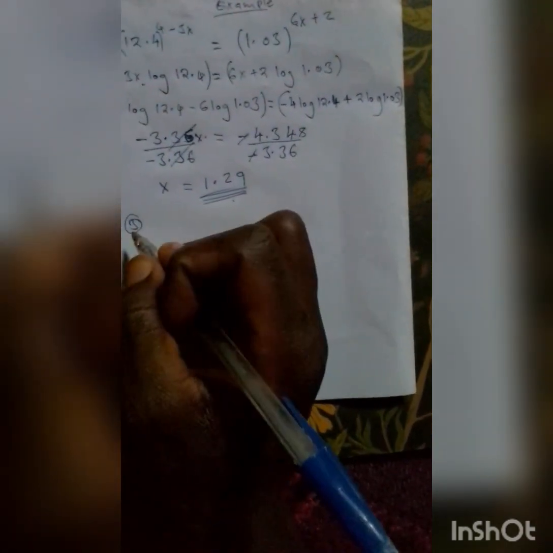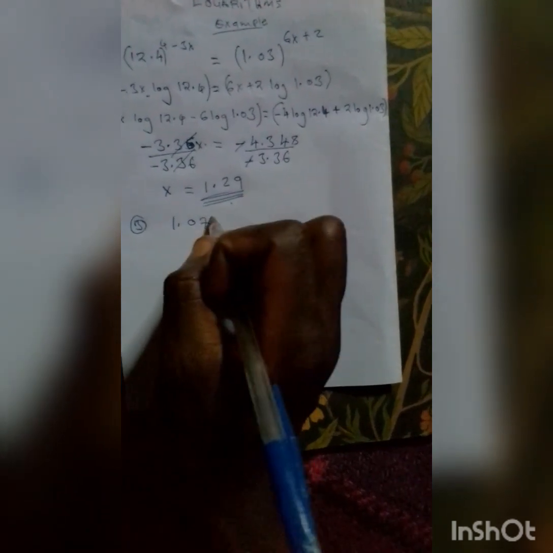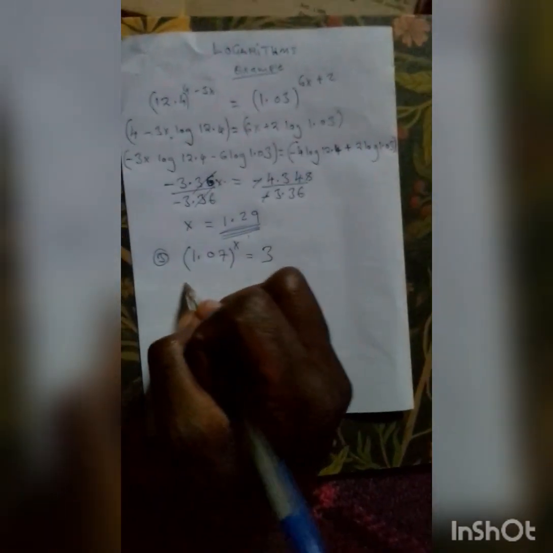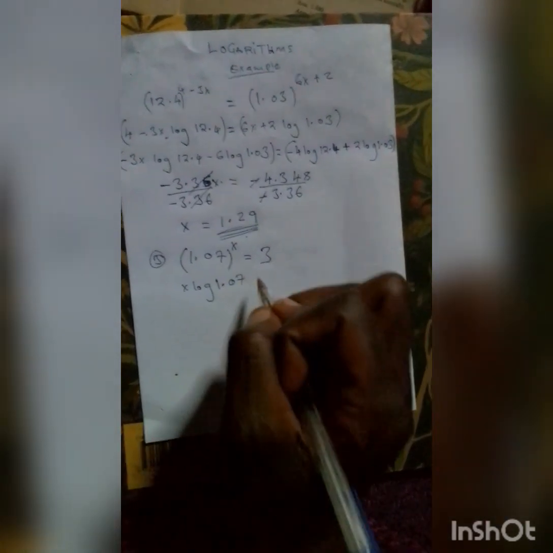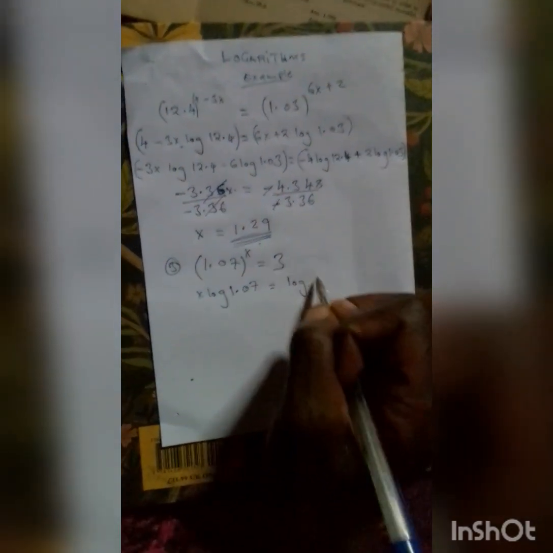Now we go to another example. Write question 3 here: 1.07^x equals 3. So now we are told to calculate this form of the equation, the logarithm equation. It's very simple. You first write x log 1.07 equals log 3.